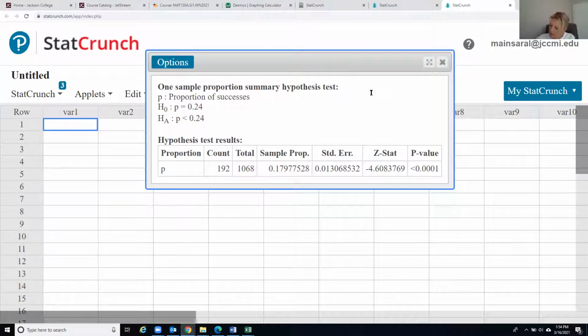It should have been that our Z statistic is a negative 4.608 and our p-value, it says it's less than 0.0001, which means it's very small.